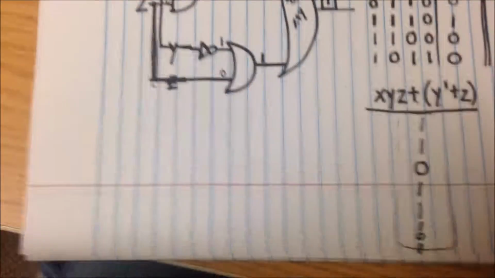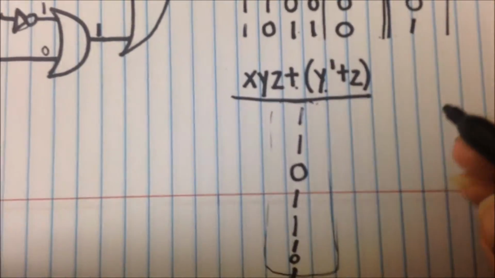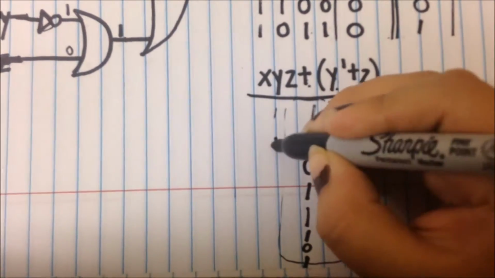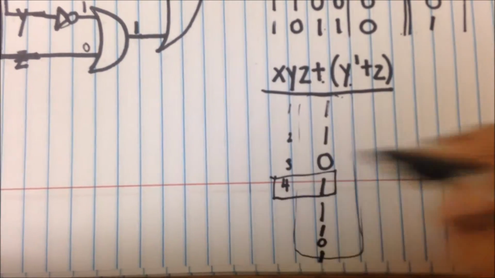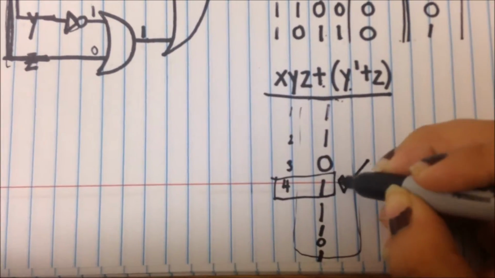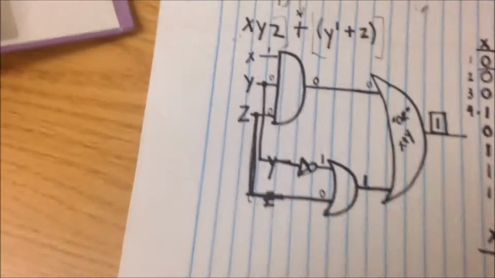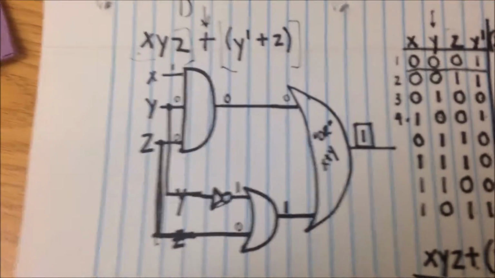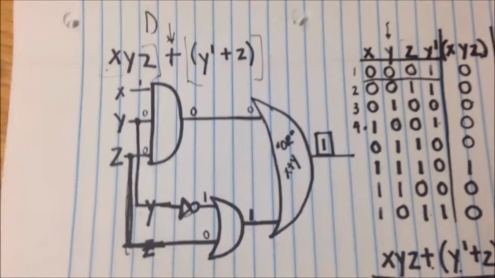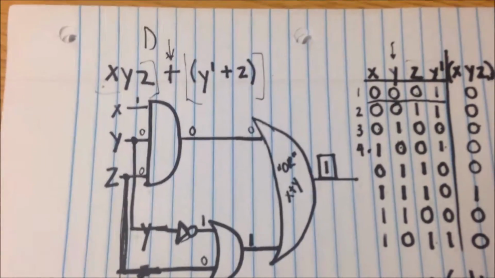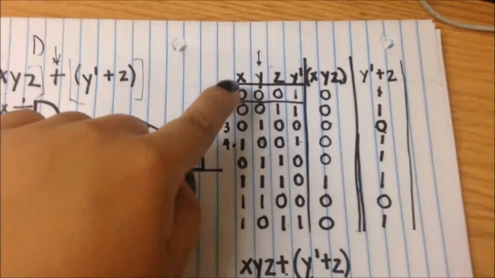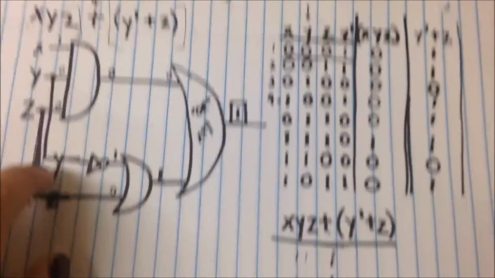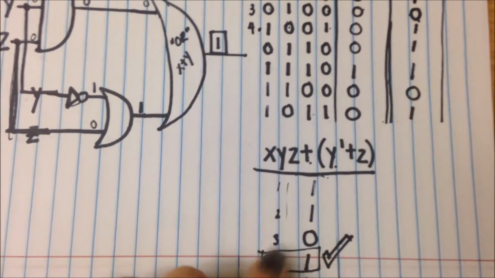So let's look at our fourth row and our output in our truth table. 1, 2, 3, 4. Hooray! We got a 1. So that's one way of knowing that your circuit actually corresponds to your Boolean expression. You can go through all of these and you'll get an output that corresponds to these bad boys.